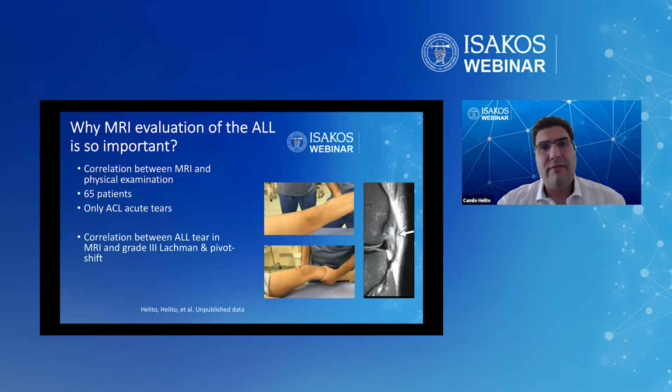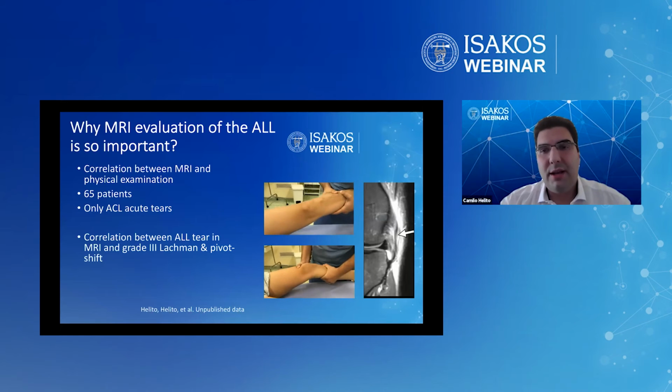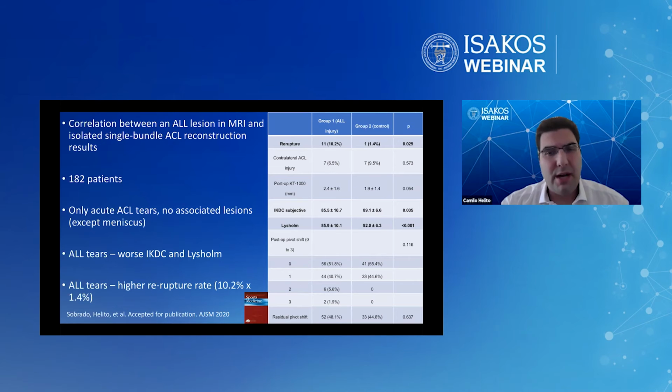But why is MRI evaluation of the ALL so important? It's because when we find an ALL injury in MRI, normally it correlates with not only high-grade pivot shift, but also high-grade Lachman tests, as we show in this case. And also, it was just accepted by AJSM a few weeks ago. I hope it will be online soon.